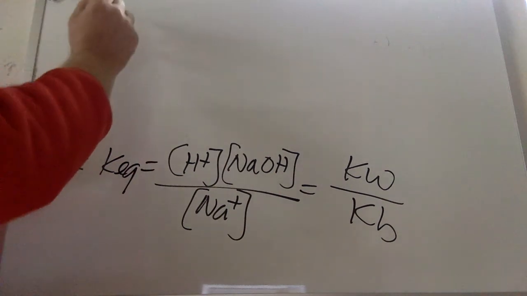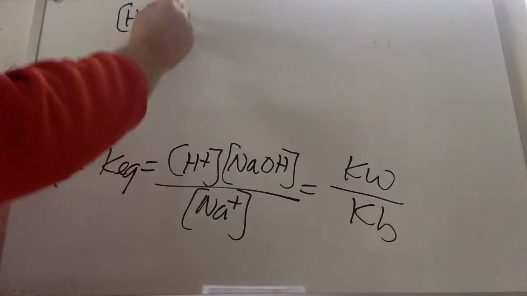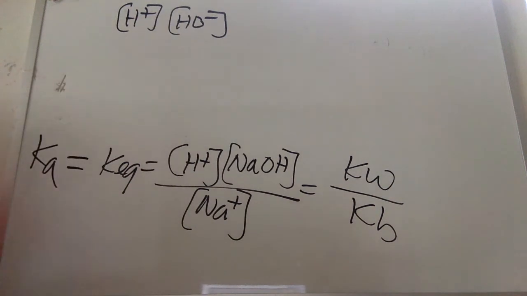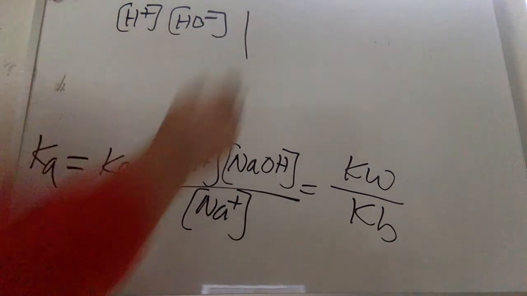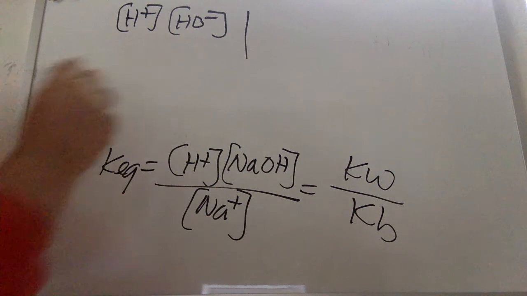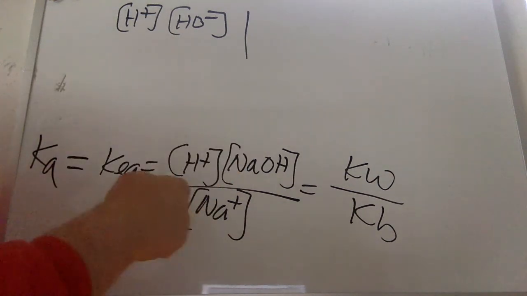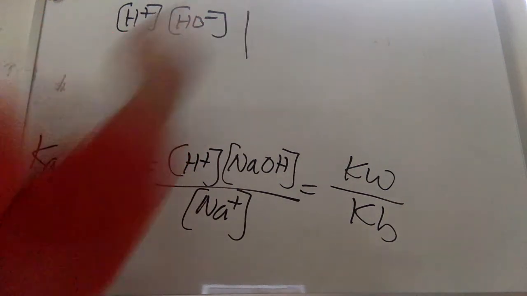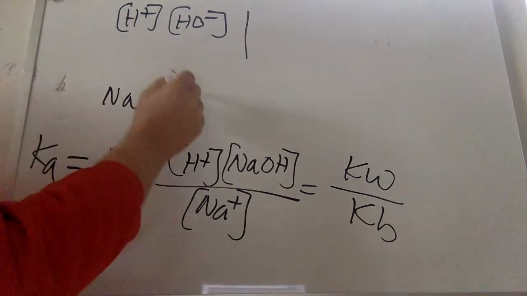A simple derivation would be: my Kw is hydrogen ion times hydroxide ion. That's its equivalent. Again, I don't show the water. Now I'm dividing by the Kb. Well, the Kb reaction is related to sodium hydroxide acting as a base, which means I'm using the reciprocal of that.